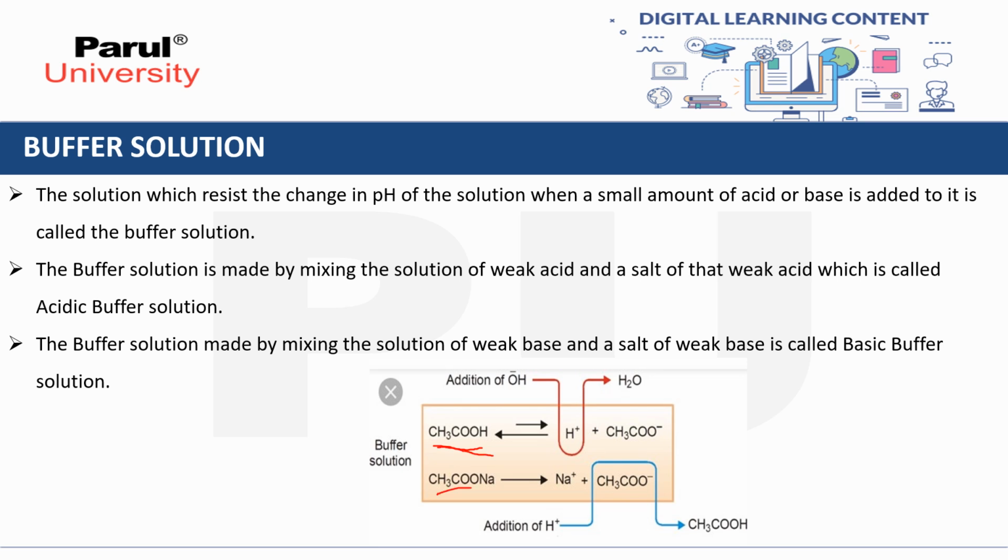What will happen if we add acid or base? The hydrogen ion will react with OH minus ion and form water, and the acetate ion will react with the hydrogen ion and form acetic acid. So the pH of the solution will remain the same. Either it will form the weak acid only or it will form the salt only.